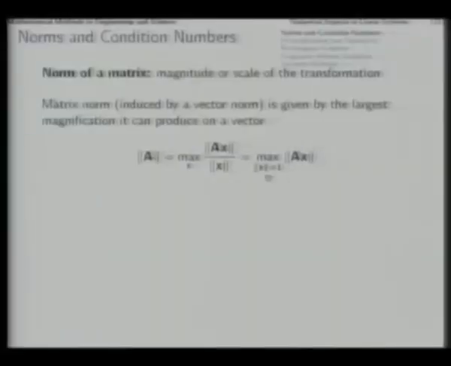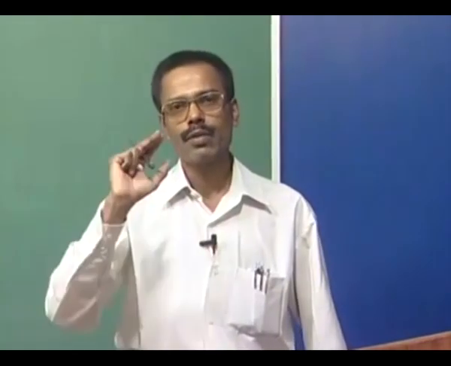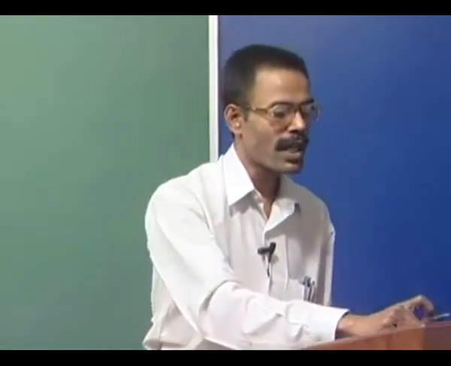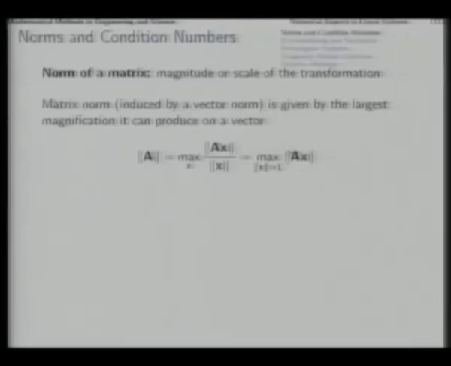Take all x's of size 1, in which case the denominator reduces to the value 1, and you define it in this manner. That is, on a unit sphere you take all vectors, and out of that the vector which is magnified to the largest extent defines the norm of the matrix.